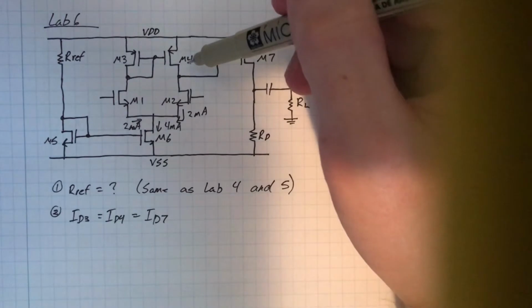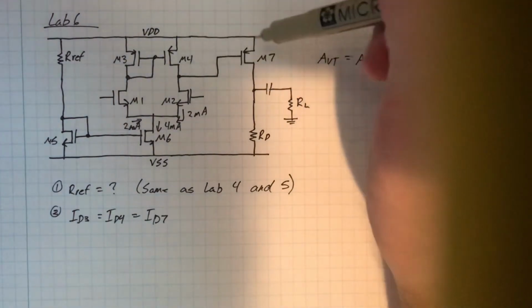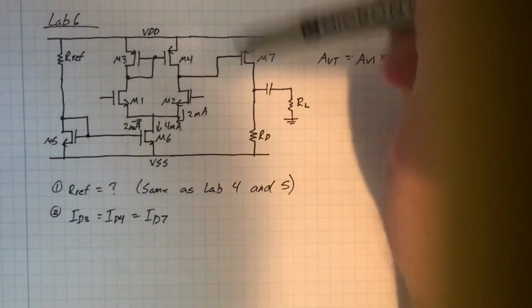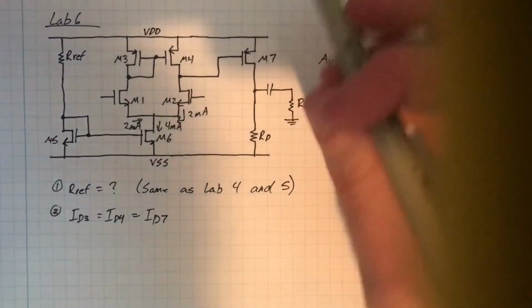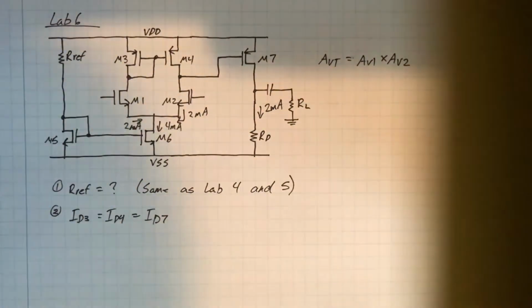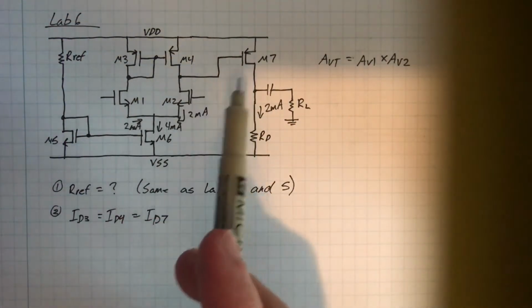So M3 and M4 were 2 milliamps. That's also going to be mirrored to M7, and that's also going to carry 2 milliamps, which means there's also 2 milliamps flowing through RD at DC. And that assumes very good matching between these three transistors.